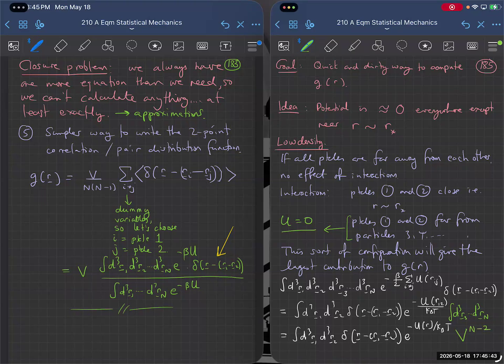Because I just have n minus 2 integrals, integrated over the whole volume. The Boltzmann factor is just 1, so I just get the volume to the n minus 2.